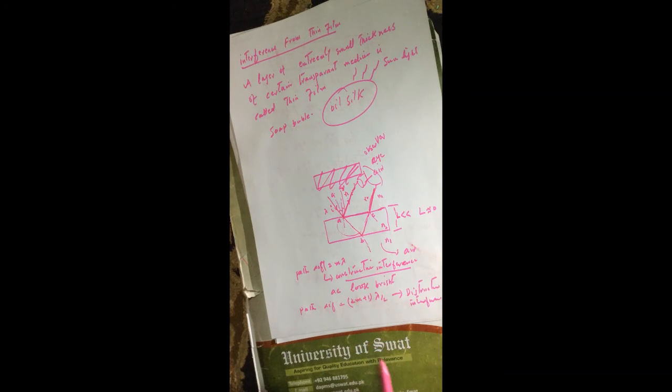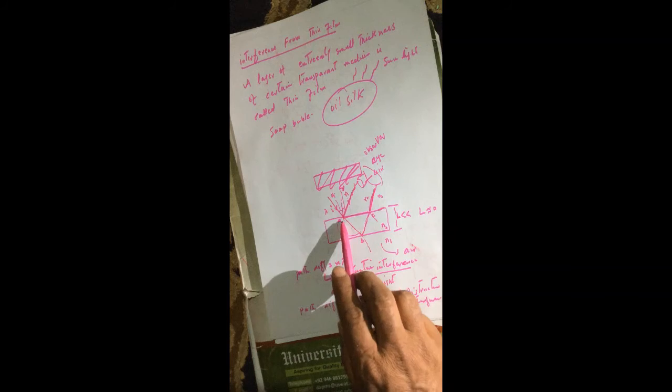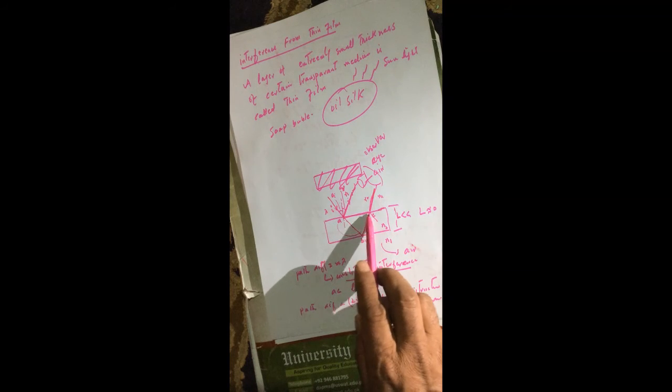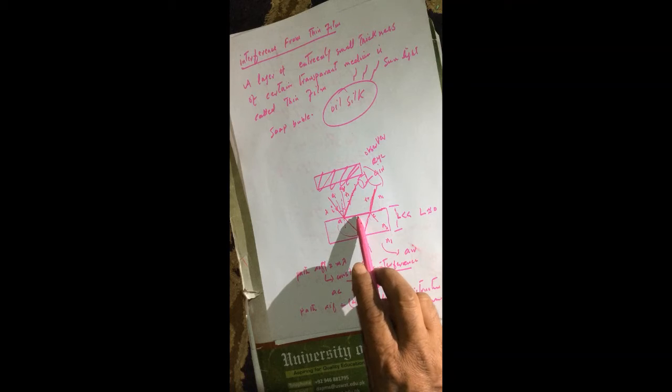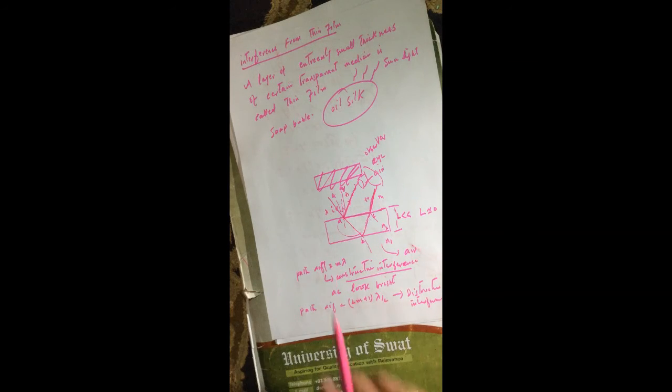And if there is destructive interference, then this part of the film AC looks dark, even though it is illuminated by light. So this is called interference from thin film.